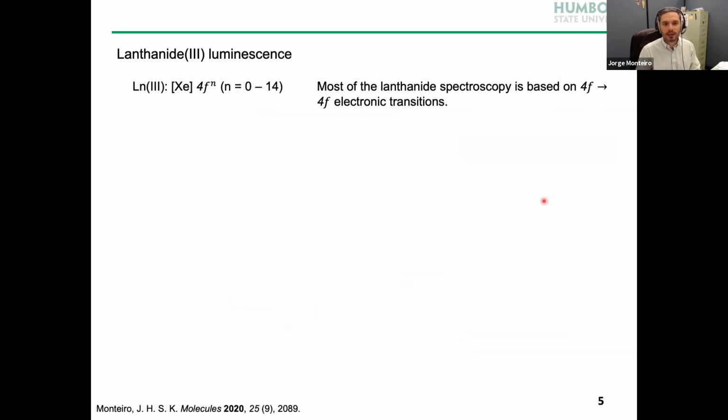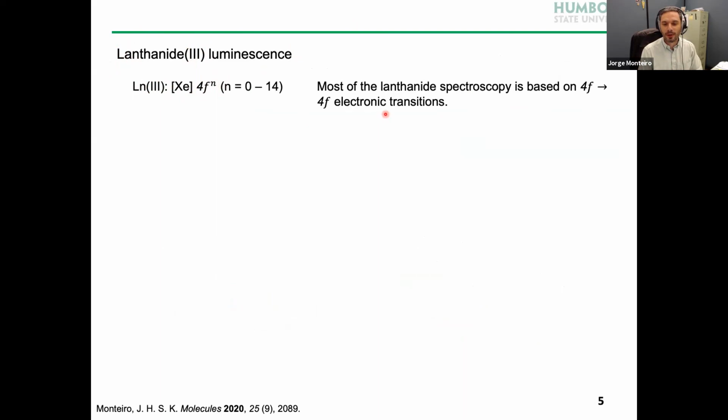Okay, so what can we do to go around that and come up with a better compound? That's where we will focus on my research. We will go with lanthanide luminescent compounds, especially in the 3+ state. In the 3+ state, we have unfilled 4f orbitals for the lanthanides.